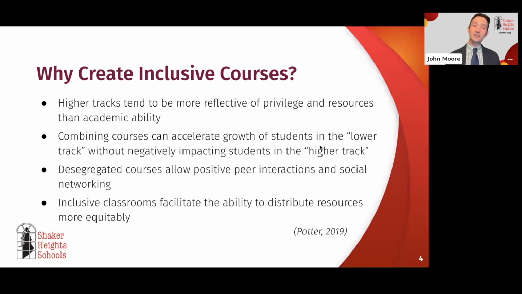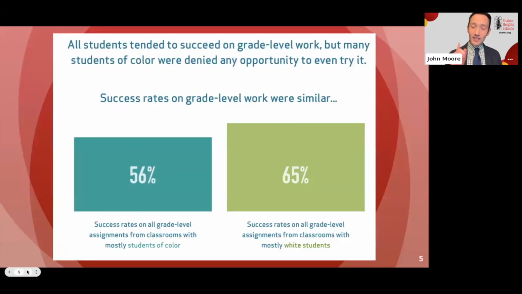And finally, inclusive resources can facilitate a more equitable distribution of resources. That includes our expert teachers. We ensure that all students have equitable access to resources. That includes human capital.